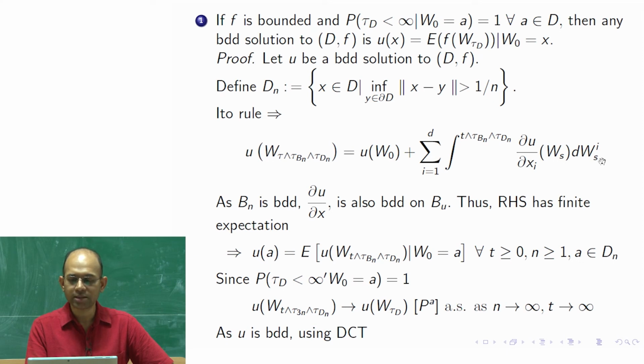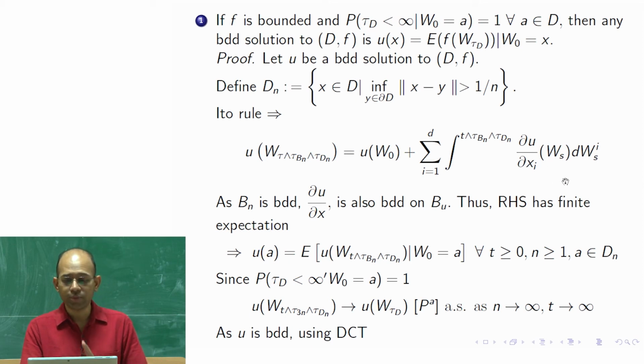Ito's formula also gives another term, a second order term with the second order derivative ∂²u/∂x_i∂x_j, but there we are going to get dW_i dW_j, so cross covariations.